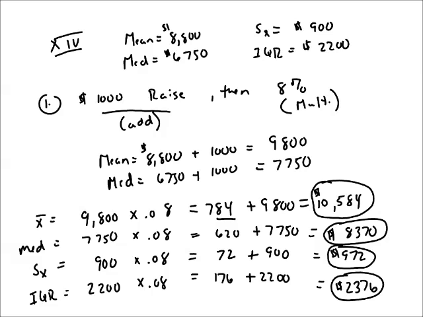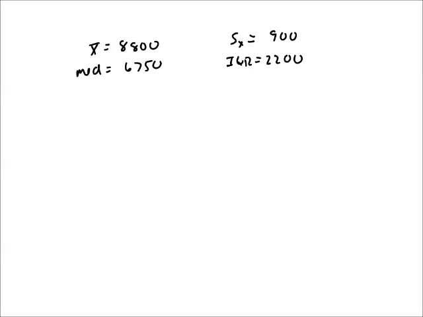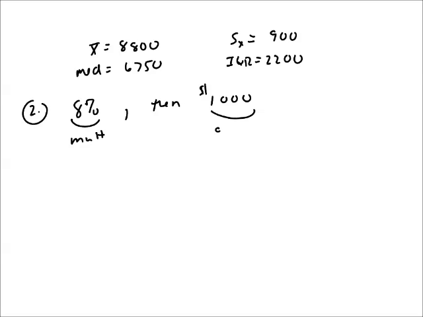Okay, so now let's take a look at number 2. The mean is still 8,800. The median is 6,750. Standard deviation is 900. IQR 2,200. Number 2, everyone received an 8% raise and then 1,000. So we're going to do the 8% first, then the 1,000. This is multiplying, and then we're going to add.